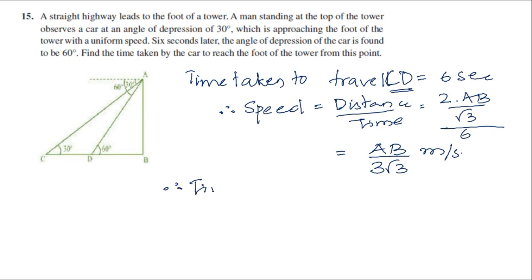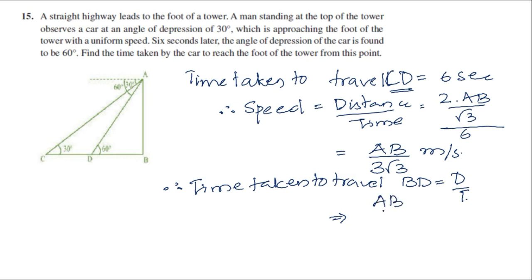Therefore, the time taken to travel BD will be equal to distance by time taken. Here the distance is AB by root 3 divided by AB by 3 root 3.